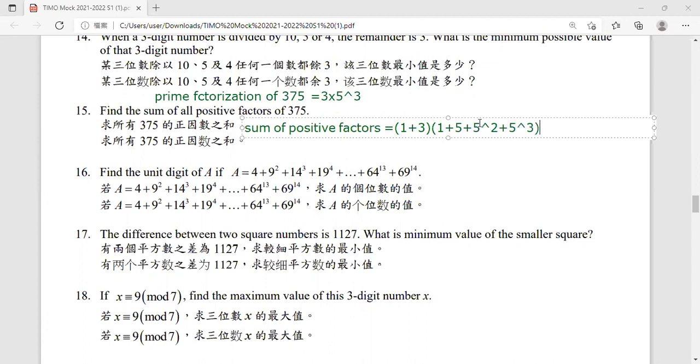Okay. Which equals what? 4 times, this is 125, 150, 156. Which is 624. Okay.